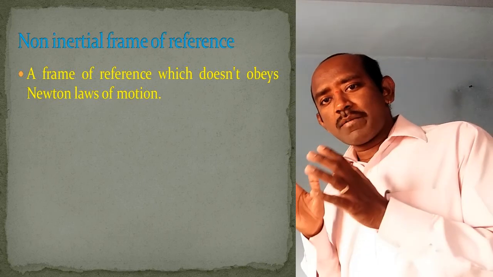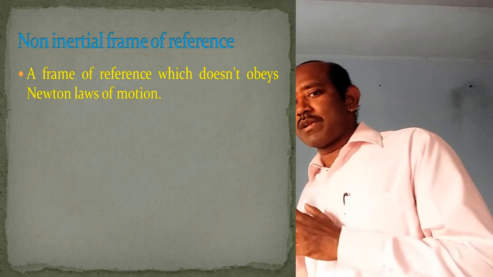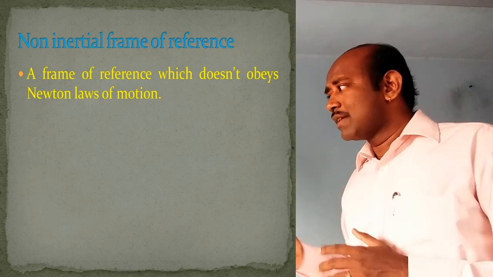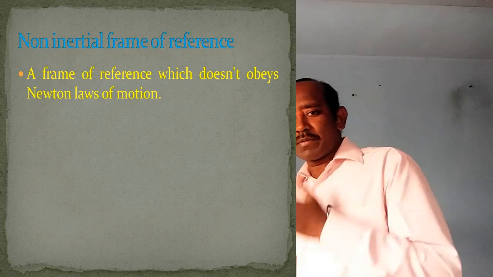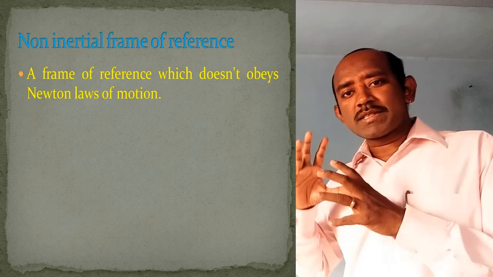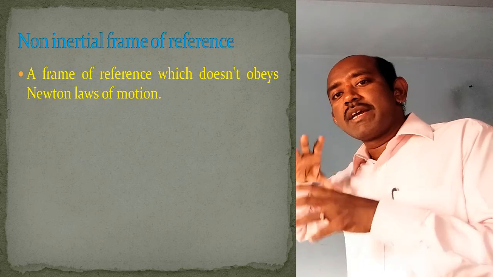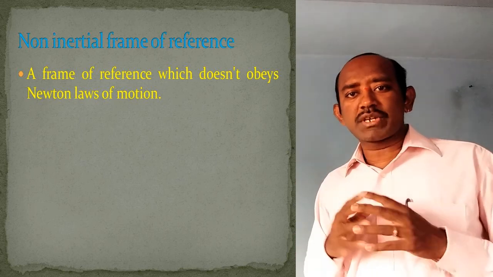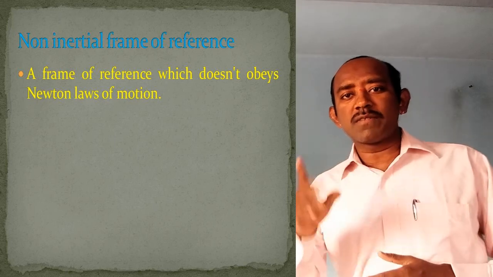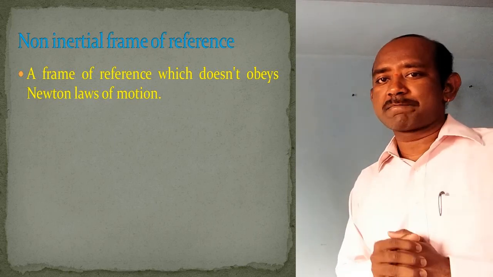Here, the body is not moving with a constant velocity. A body could be traveling along a straight line, or along a curved path, but not with a constant velocity. It may be speeding up or slowing down. In such cases, Newton's laws of motion are not valid.